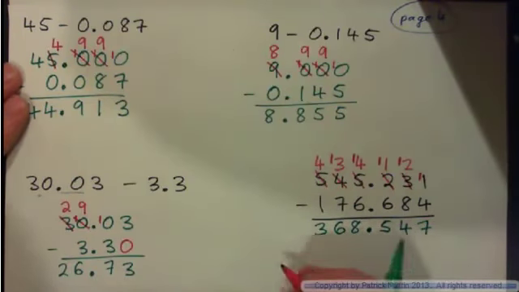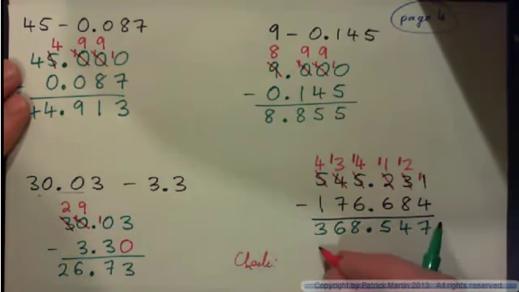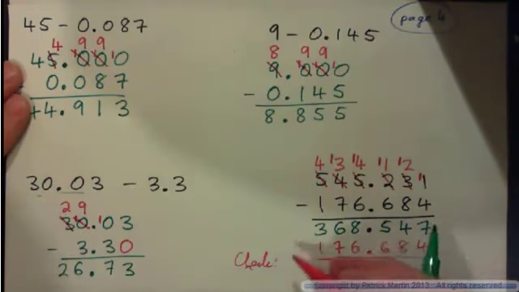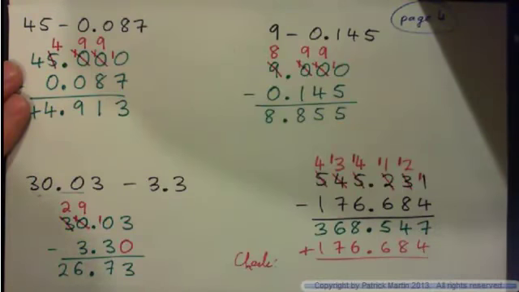Okay, so I'm just quickly going to check that, and you can always check your answers, especially on the test if you need to. Just add that back up again and see if it works out. Let's see, 7 and 4 is 13, carry the 1. 9 and that's 13, carry the 1.